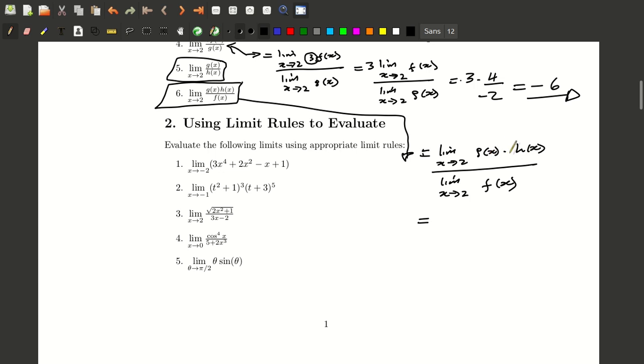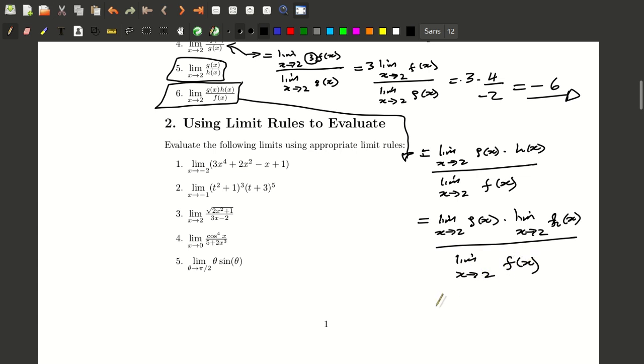So if I have multiplication of 2 functions, and when I'm taking the limit of each of these I get a number, or let me say the limit exists, right? The limit exists of this one and that one as x approaches 2. Then I can split the limit and say, I want the limit as x approaches 2 of g of x multiplied by the limit as x approaches 2 of h of x. This whole thing divided by the limit as x approaches 2 of f of x.